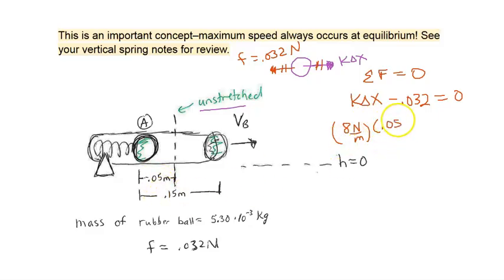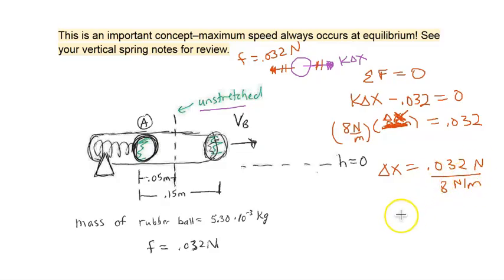Times 0.05, bring that over to the other side, equals 0.032. Oh, my bad. We're looking for delta X. And so delta X is 0.032 newtons over 8 newtons per meter, and you can see that the newtons cancel and you get 0.004 meters.